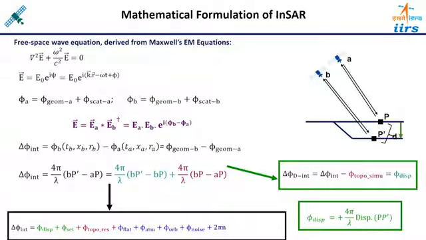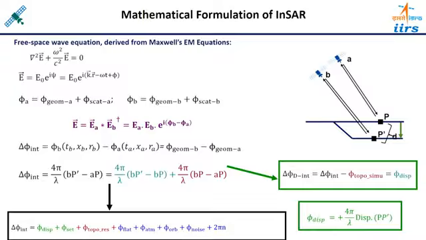So if you want to generate the DEM, you have to remove the other components very precisely. What will be left after removal? Only the contribution of the phi topography. Then you can use this formula: phi topography equals 2 pi or 4 pi upon lambda into height. So that height parameter you can calculate from the topographic phase. This is another application of InSAR or interferometry.